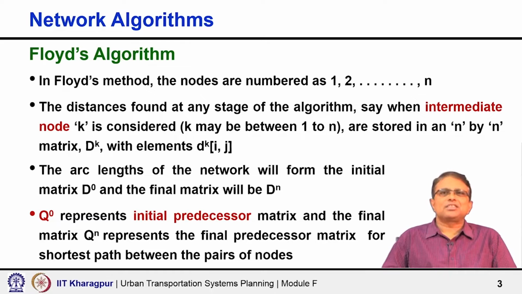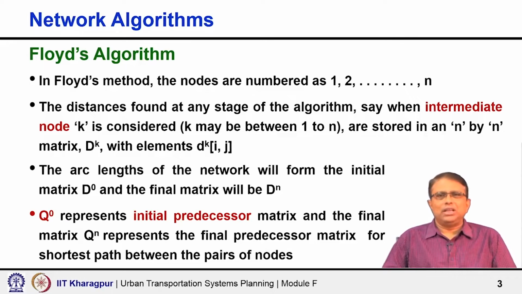k indicates that it is the matrix at the kth iteration with elements D^k(i, j). It is a 2-dimensional matrix; from node i to node j, we are finding out the shortest path. So, these values are stored, and the arc lengths of the network will form the initial matrix.